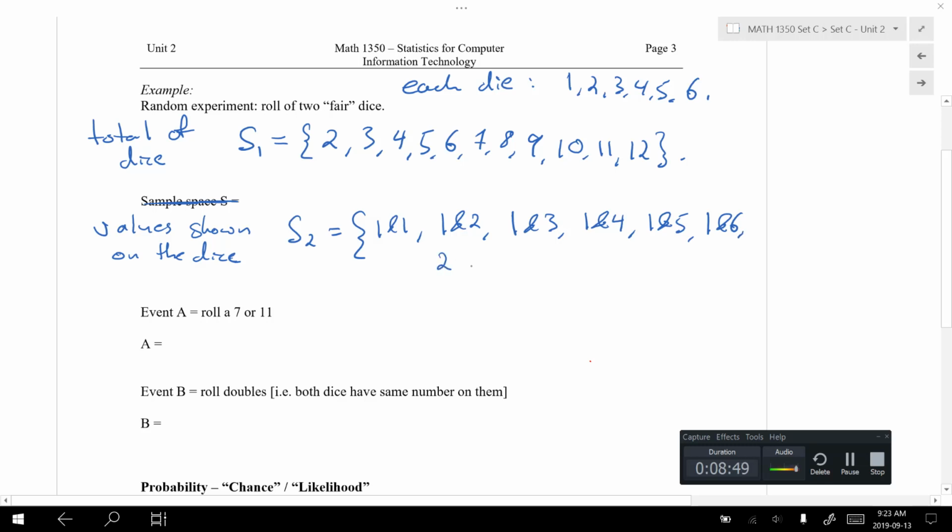That's all the ones. We could have 2 and 1, 2 and 2, and it just keeps going all the way up to 6 and 6. There's a bunch of possible outcomes. We have 6 outcomes for each. So this is a total of 36 possible outcomes.